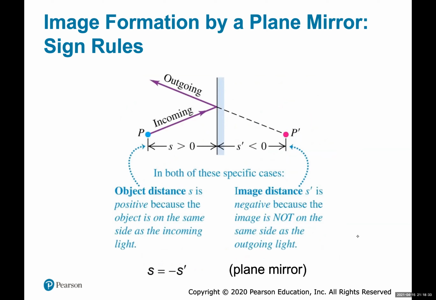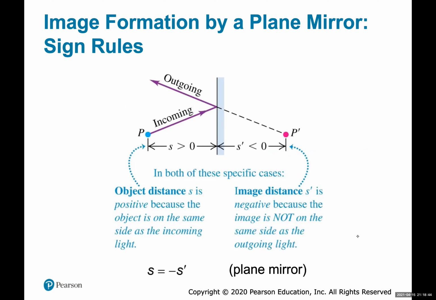For a mirror, which we expect to reflect, because the image appears on the other side of the mirror where the light isn't, we say that it is on the wrong side, the non-reflection side of the mirror.